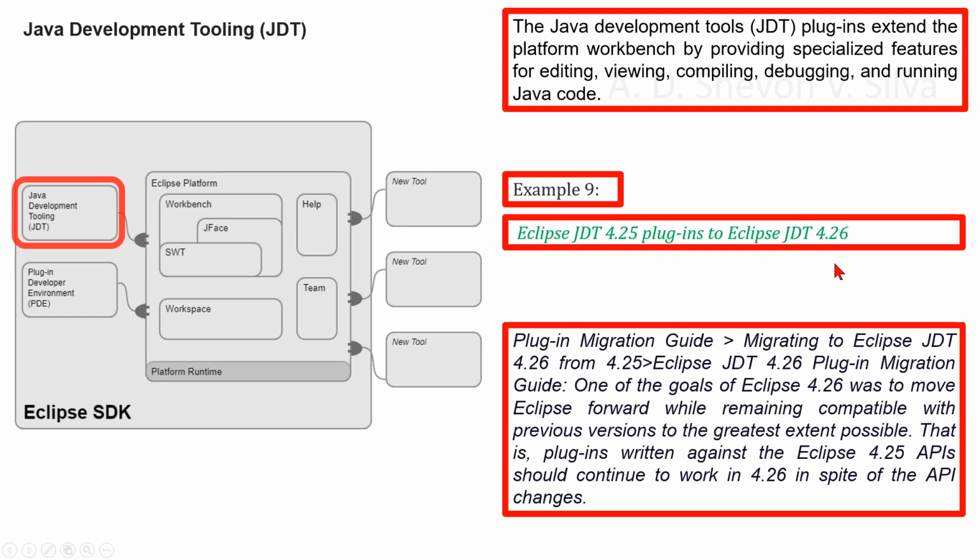One of the goals of Eclipse 4.26 was to move Eclipse forward while remaining compatible with previous versions to the greatest extent possible. That is, plugins written against the Eclipse 4.25 API should continue to work in 4.26 in spite of the API changes.